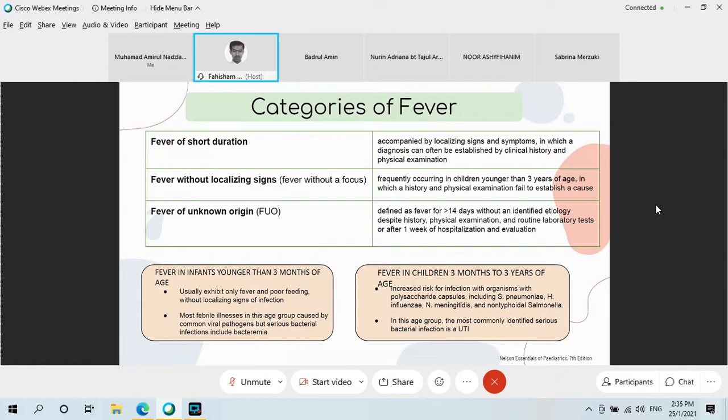Any child less than 3 months old needs aggressive workup. So meaning you need to find the focus of infection. If you could not find the focus of infection, therefore you need to rule out serious bacterial illness, for example bacteremia or meningitis.